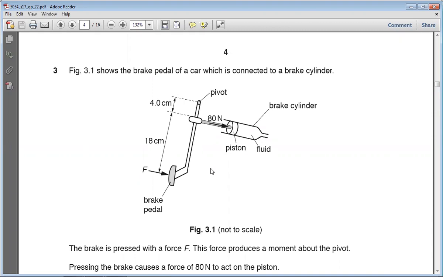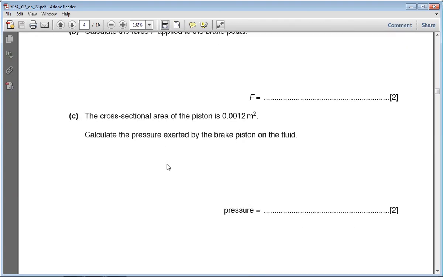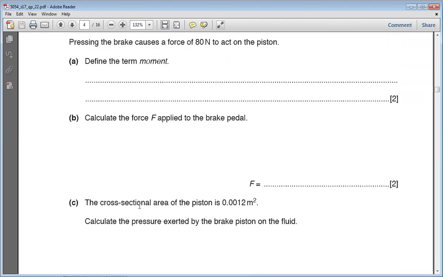The moment produced here and the moment produced here will be the same because this is the same body. So F multiplied by 22 centimeter will be equal to 80 Newton multiplied by 4 centimeter, and you can find the F value. It's a 2 marks numerical.